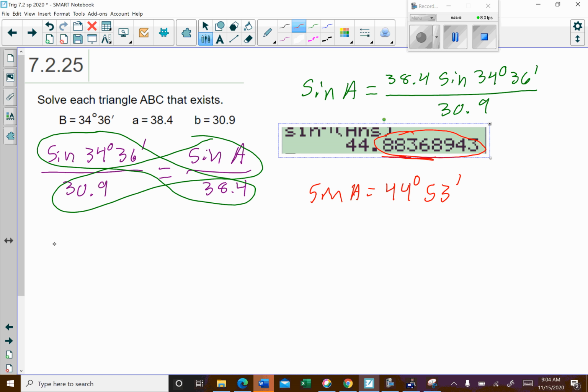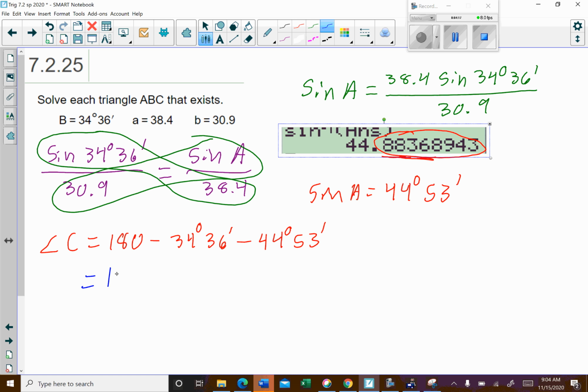So to figure out angle C, we take 180 and subtract off 34 degrees and 36 minutes, and then also subtract off 44 degrees and 53 minutes.